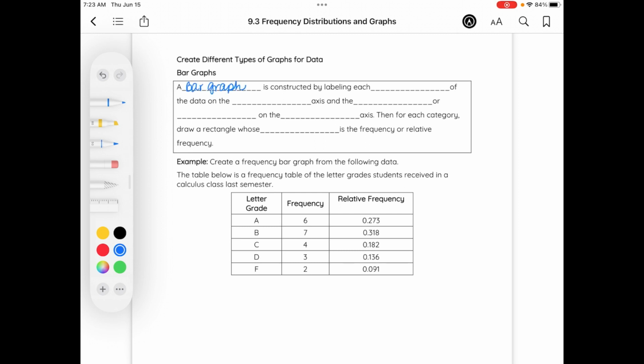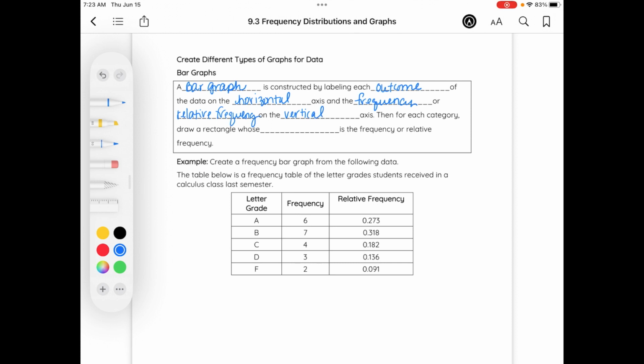A bar graph is constructed by labeling each outcome of the data on the horizontal axis and the frequency or relative frequency, depending upon what it's asking, on the vertical axis.